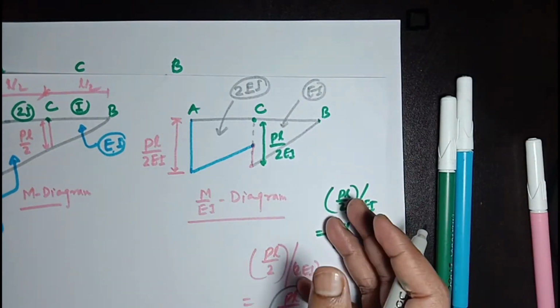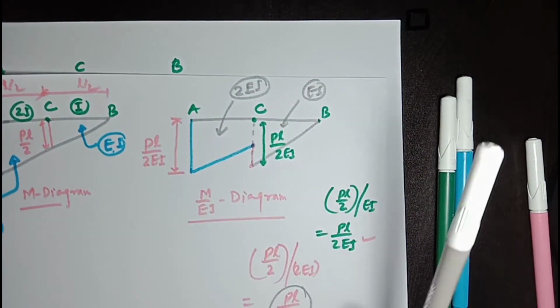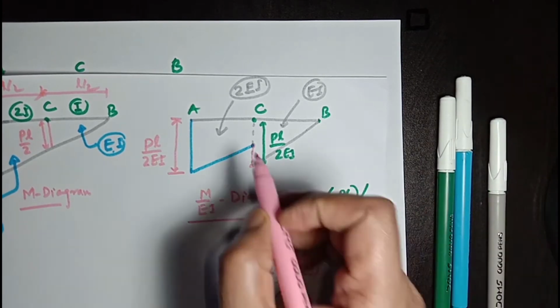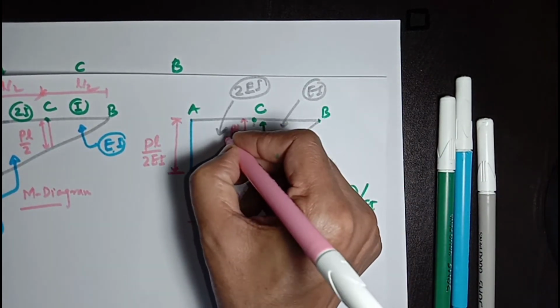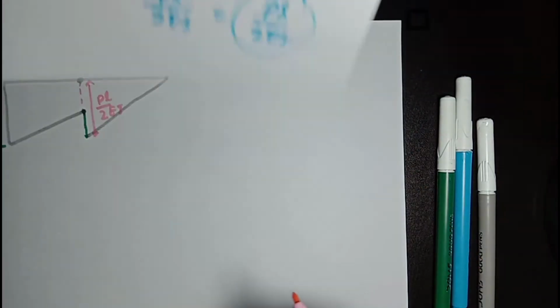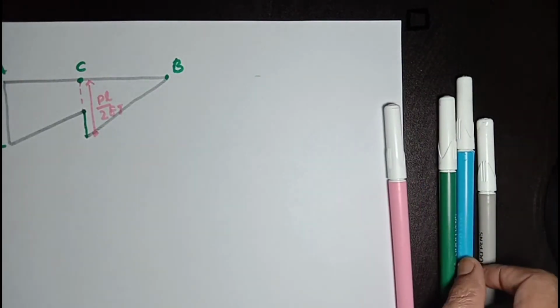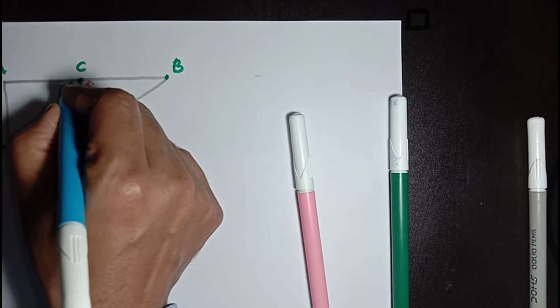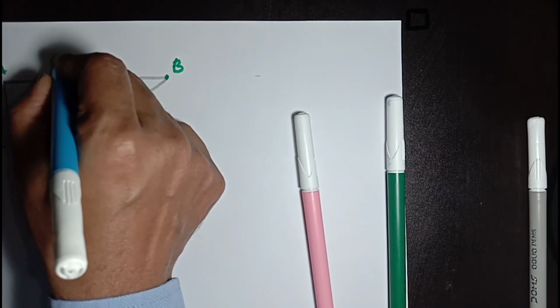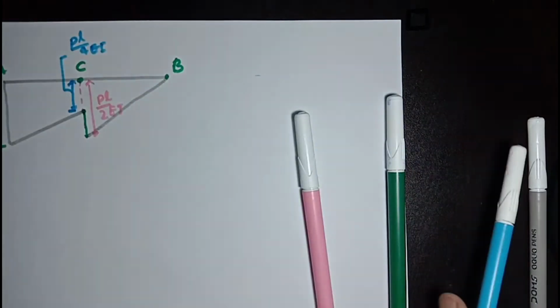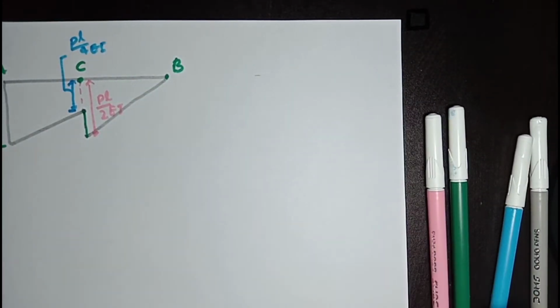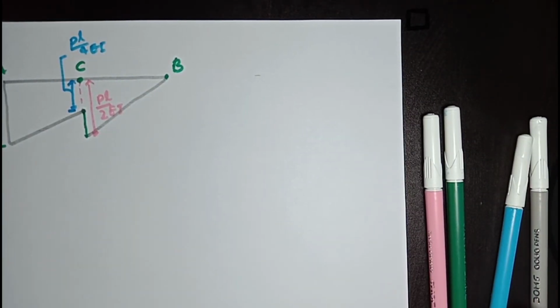So we just divided with these values to get the value here, PL divided by 4EI. We can rewrite this value here as PL divided by 4EI. Now we are making different regions here.